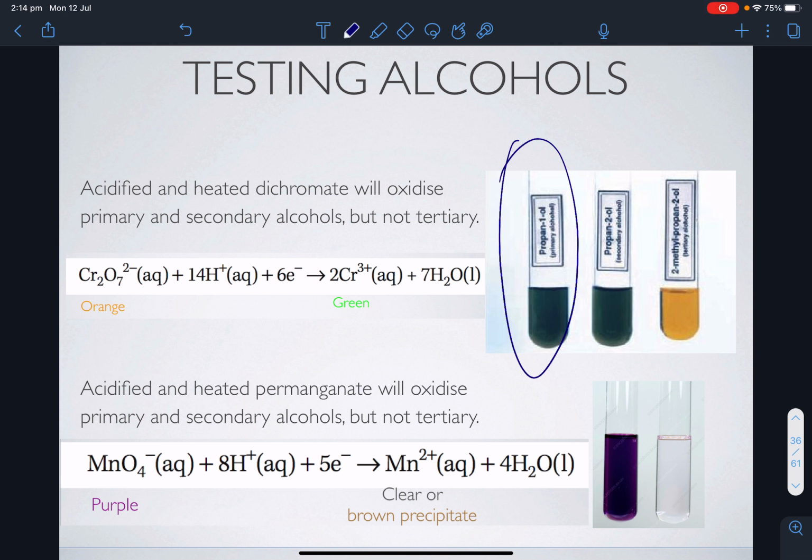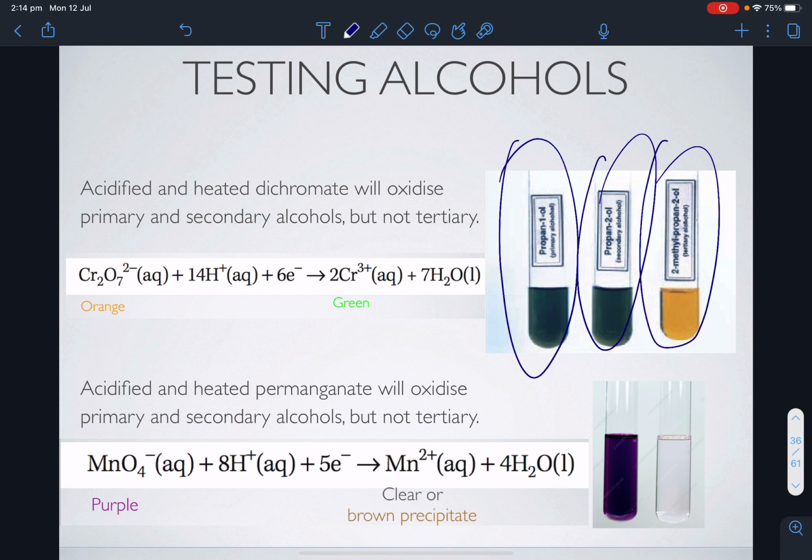It's oxidized, so it's gone all the way to a carboxylic acid, propanoic acid. The propan-2-ol has now gone to propanone. It's been oxidized. 2-methylpropan-2-ol, a tertiary alcohol, cannot be oxidized, so it's remaining orange. The dichromate's still there. So here we can find out if an alcohol is primary or secondary versus tertiary.